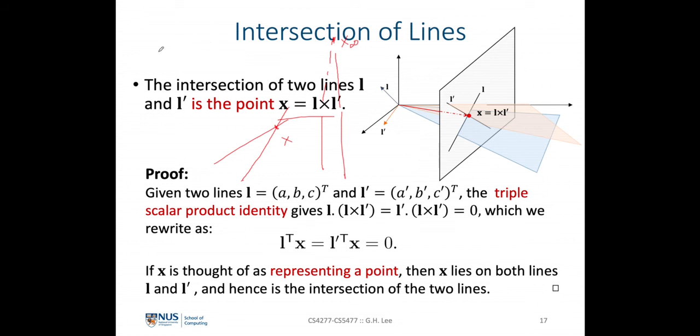As I mentioned earlier, k times ax plus by plus c must equal 0, and k here doesn't matter. And we can see that if we have 2 lines, which we denote as L and L prime over here, they both back-project to a plane.